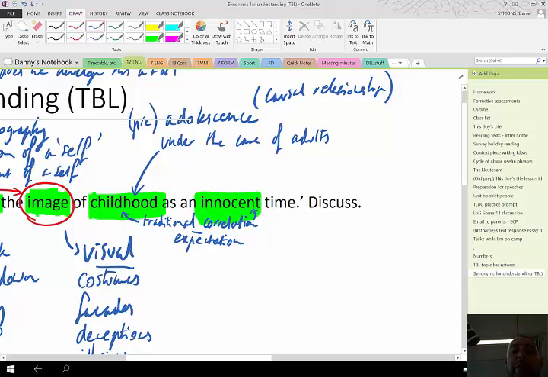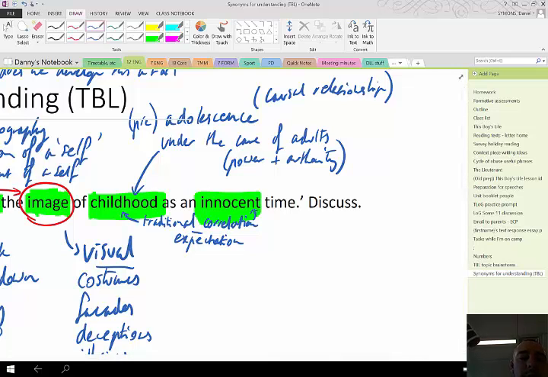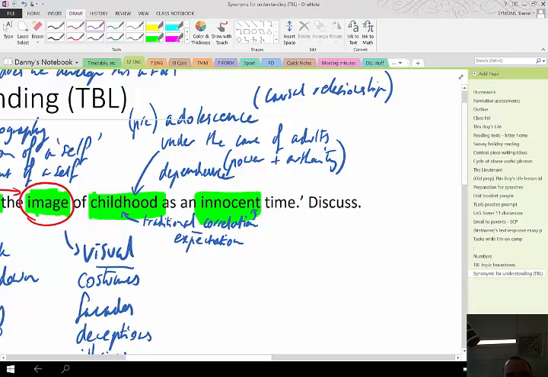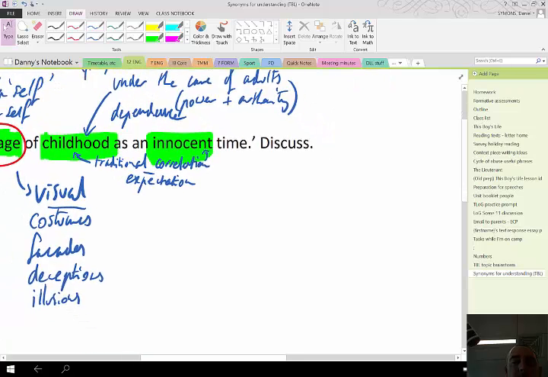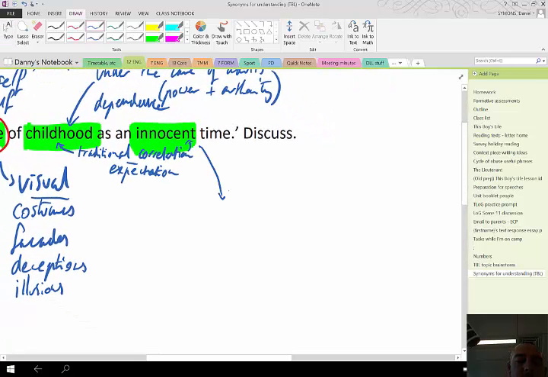Not only is he under the care of them, but also under their power and authority. It is a time of dependence. Great.